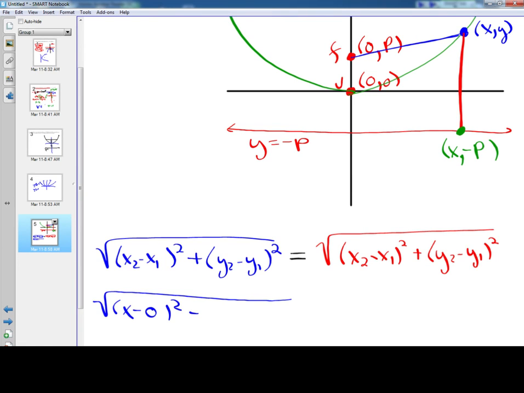So plus something squared. Now it would be y minus p. So y minus p. Cool? Well, that was easy. That has to equal the red part. So the square root of, so let's look at the x's here now. So x minus what?